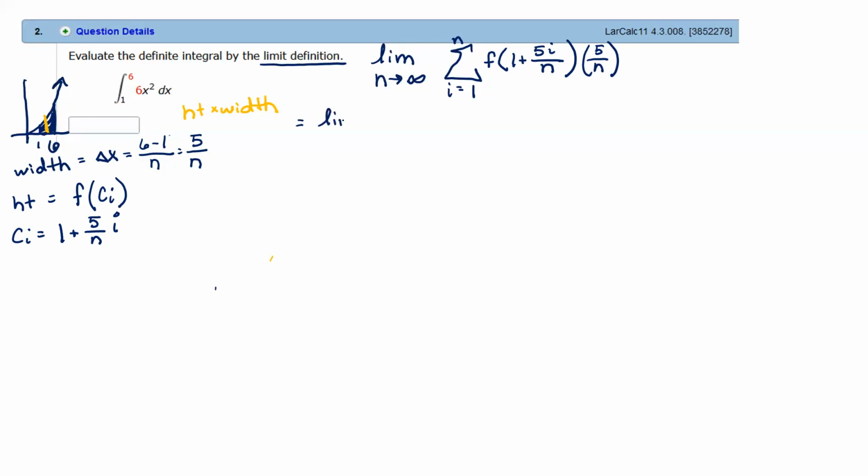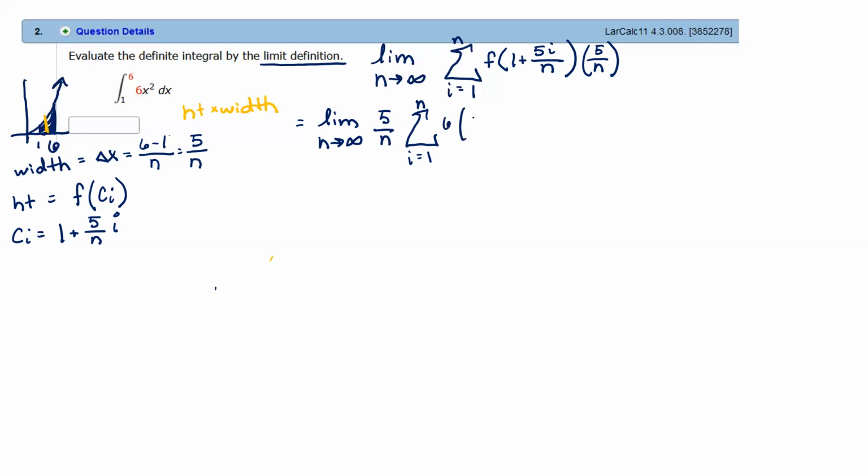So here we're looking at the limit as n goes to infinity. This 5 over n we can factor out of the summand. I'm just going to do that right away. And then we have this sum from i equals 1 to n. Then I'm going to go ahead and plug this 1 plus 5i over n into my given function, which is 6x squared.